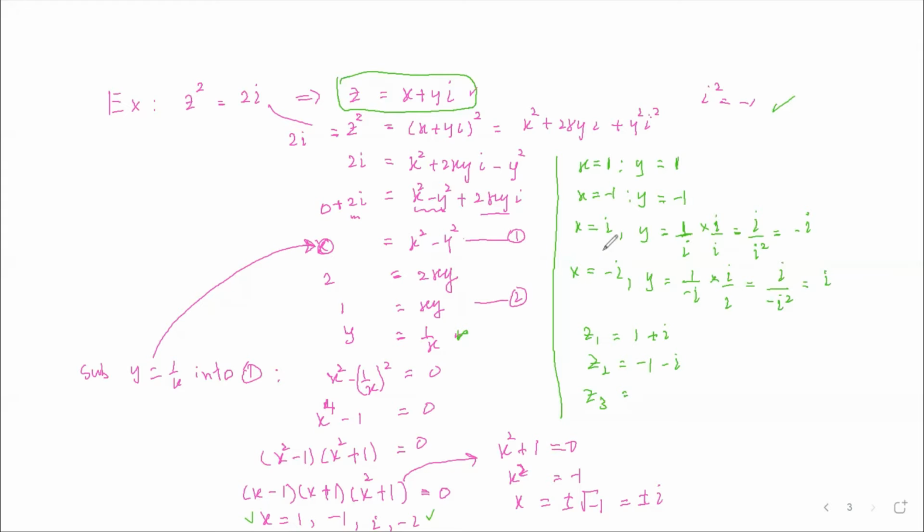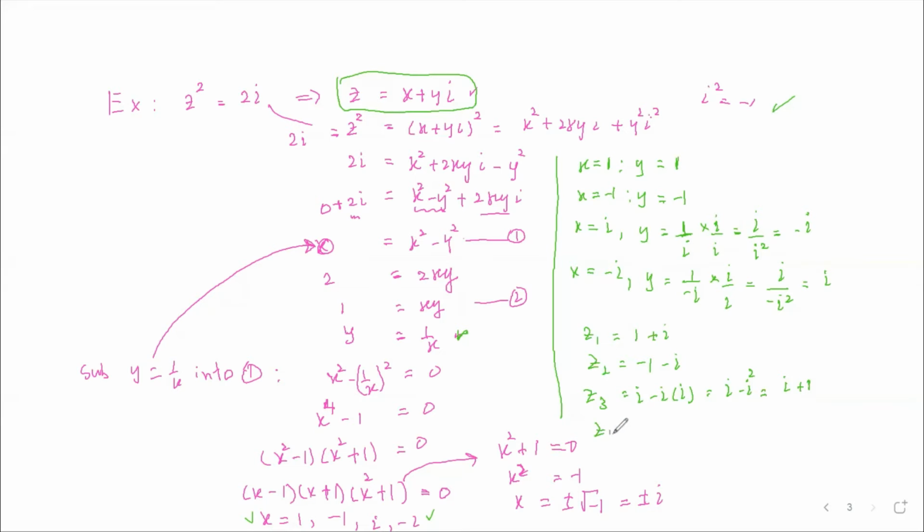If x is i, y is negative i also. So y is negative i, so negative i times this. So this becomes i minus i squared. But i squared equals negative 1, negative becomes plus. So we have i plus 1.